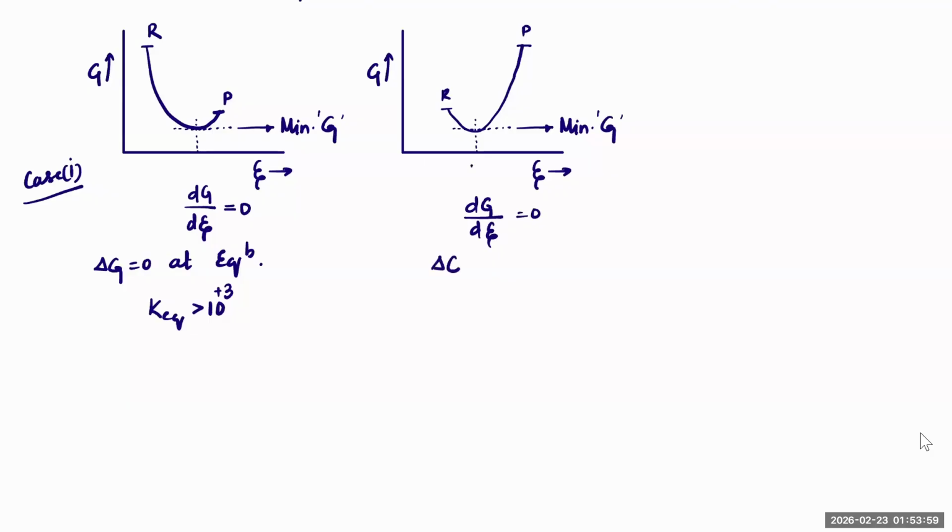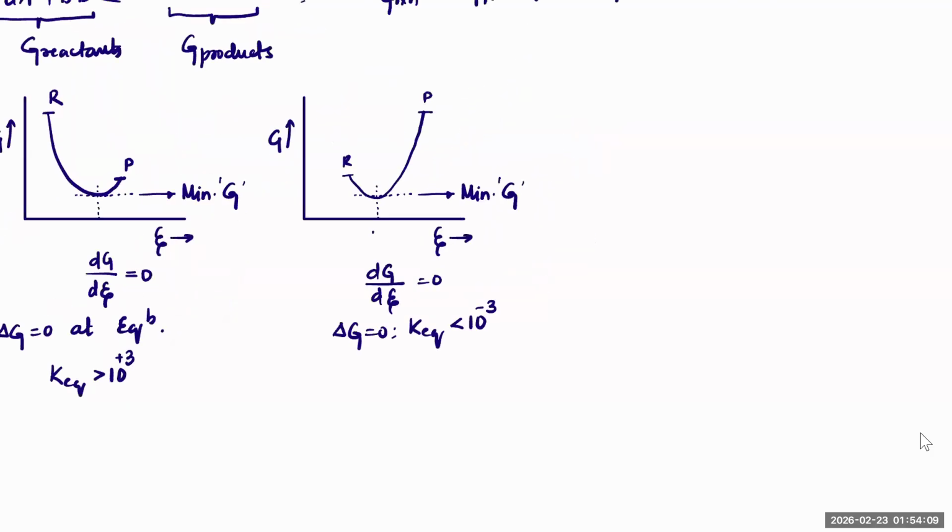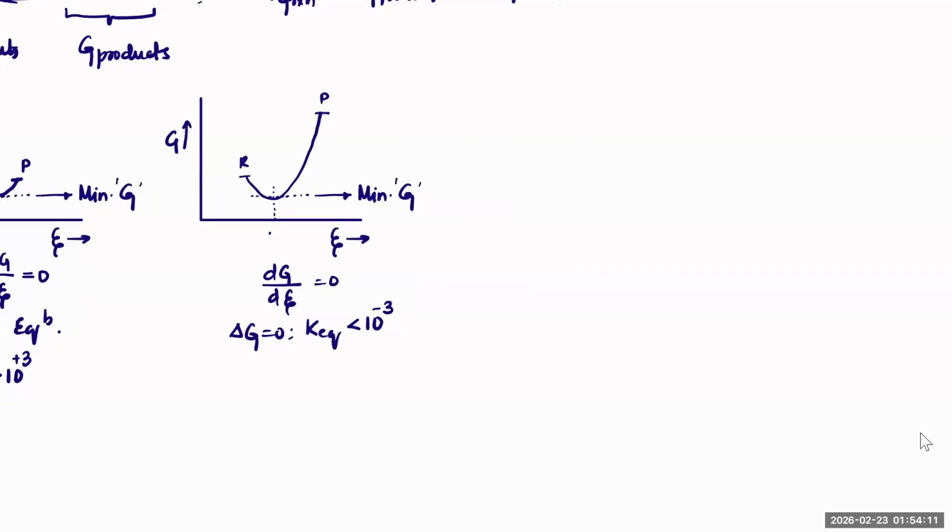And now the equilibrium constant value will be way smaller here. This is the range. Got it? Then we say that the reactants hardly form products, but by chance, if there are any products, they will instantly convert into reactants. So equilibrium will be more towards the reactant side than products.